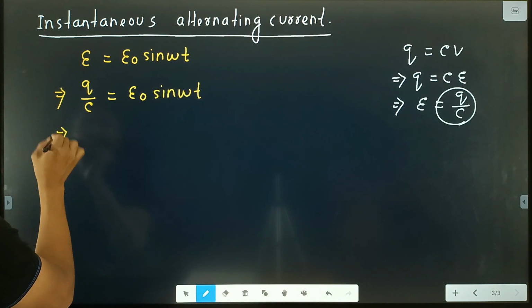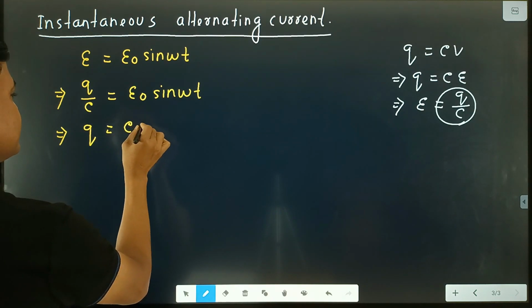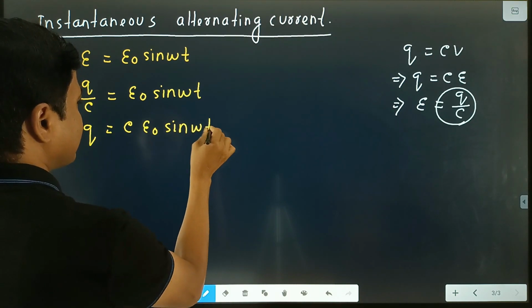That implies Q is equal to, we take C to the right hand side, that is C multiplied by E0 sin omega t.